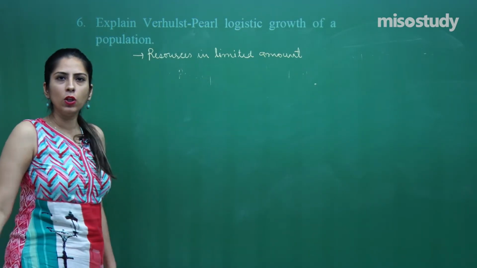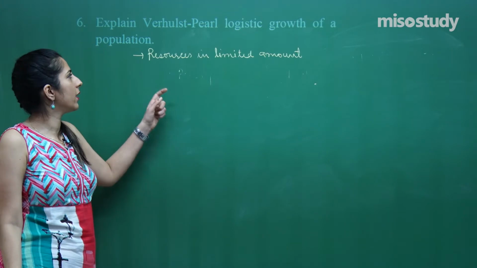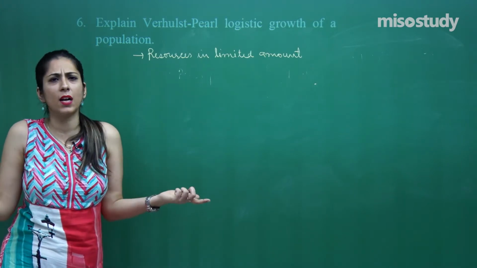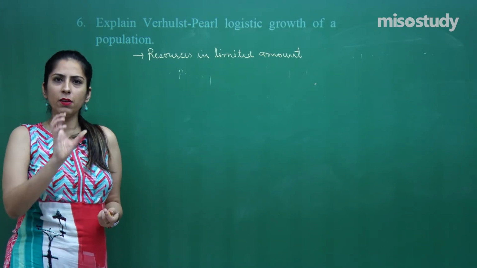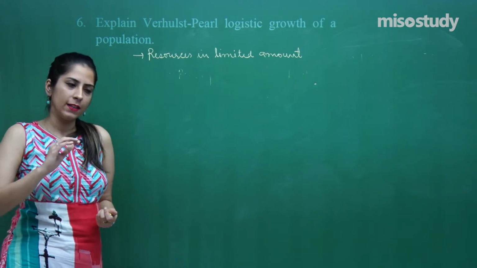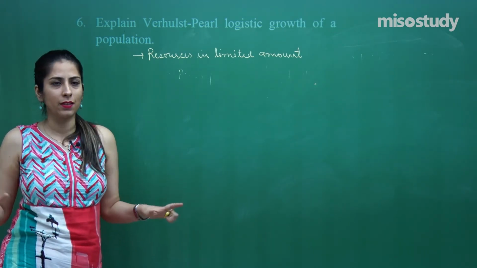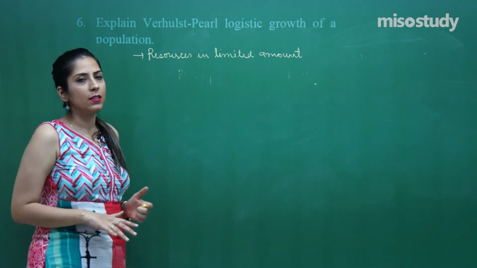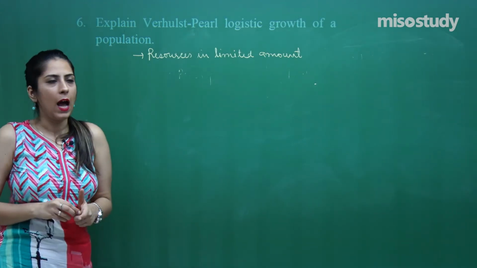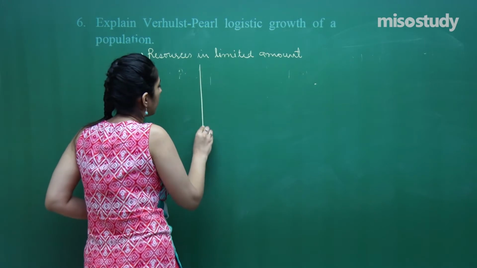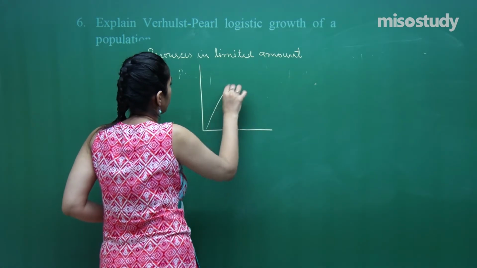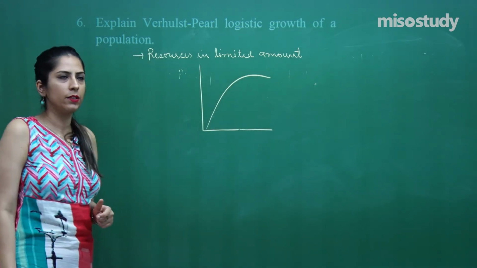right. So, the organisms living over there will be depending upon the resources, that is a natural process. When they depend upon the resources, a time will come when all the resources will be depleted. In that case, a graph is obtained like this, right.